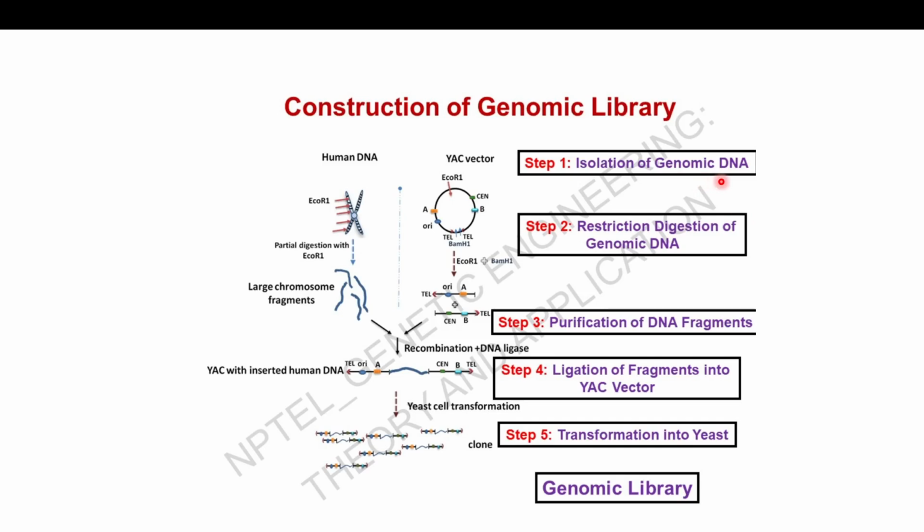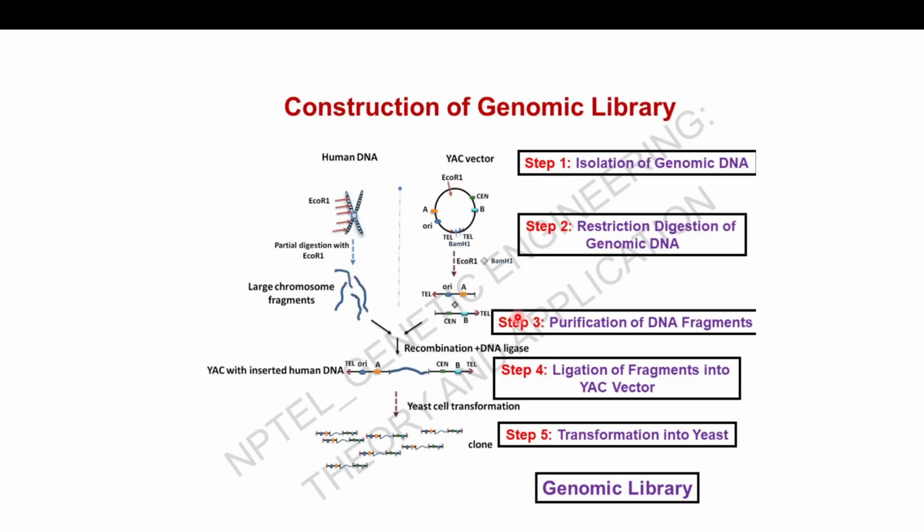Okay, this particular genomic DNA, after digestion with certain enzymes, will be chopped into fragments, which ideally will result in large chromosome fragments. Genomic DNA is basically the chromosomal content of the organism of interest.